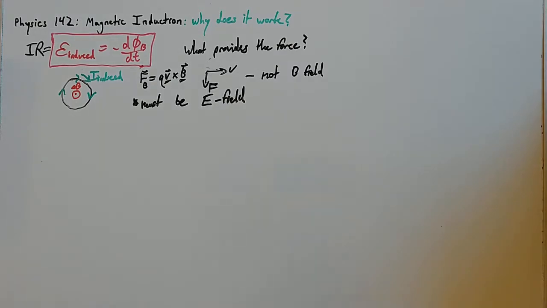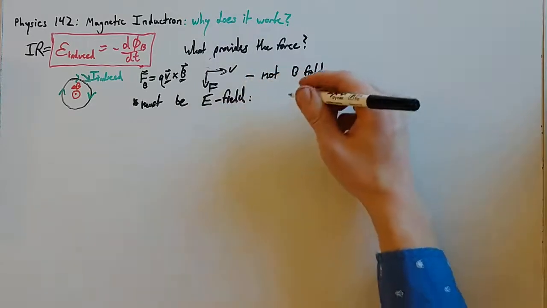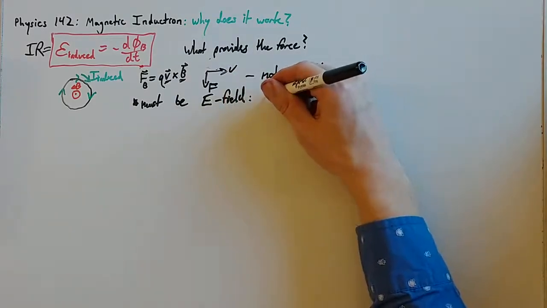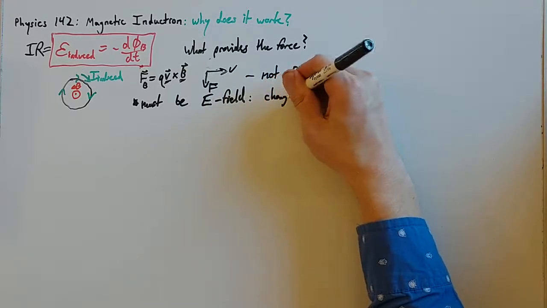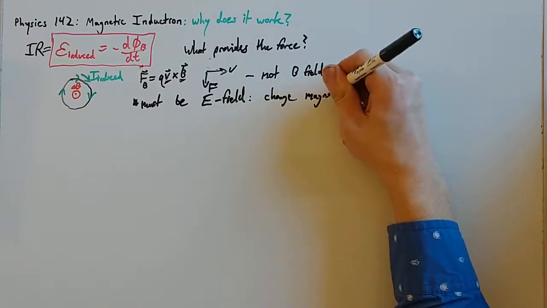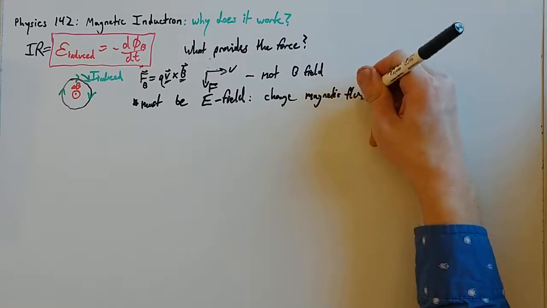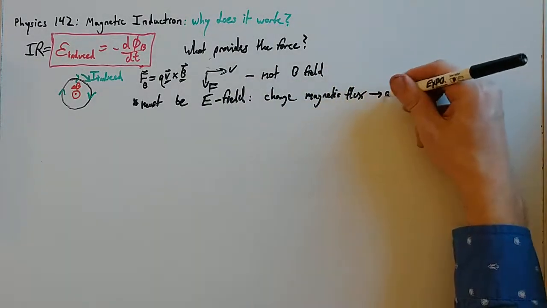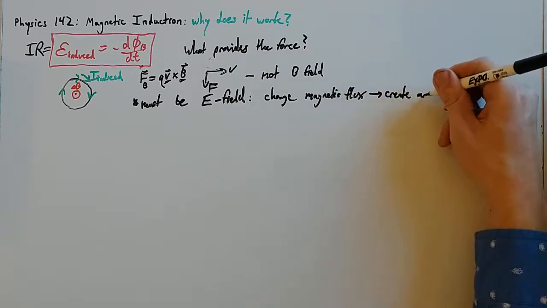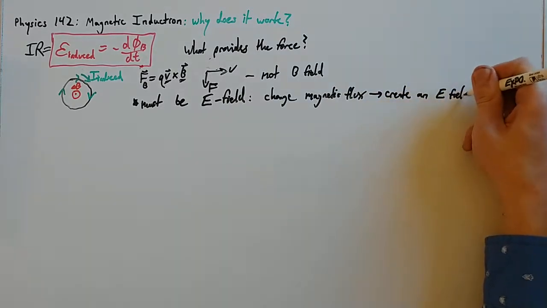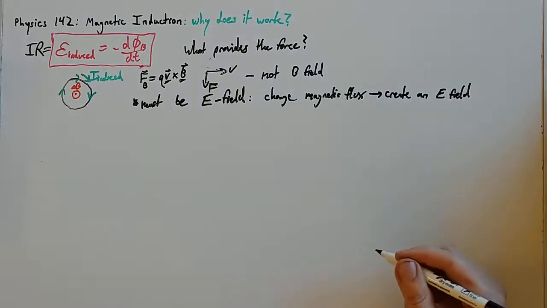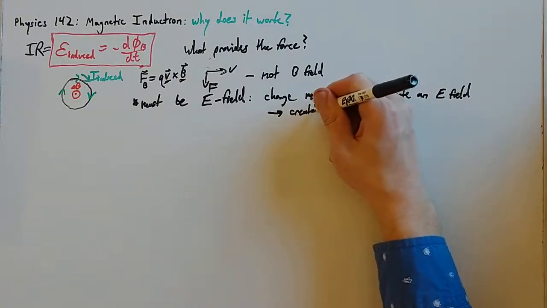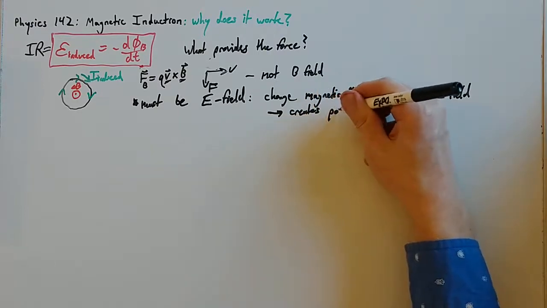So what I should write down here, just to be clear, is that it must be then that if we change the magnetic flux, that must create an E field, or induce an E field, which in turn creates a potential difference.